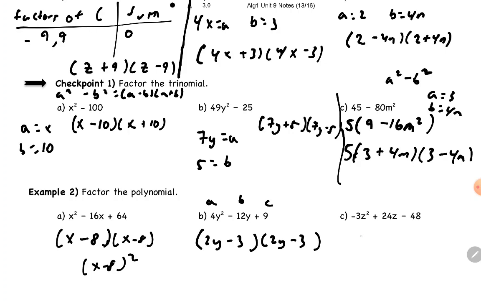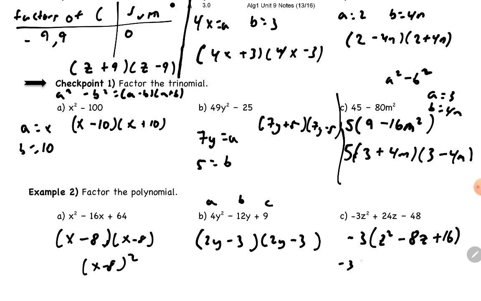Same thing here. We're going to factor out a negative 3 because they all have a factor of 3. So this will become positive z squared. This will become minus 8z. And this will become plus 16.